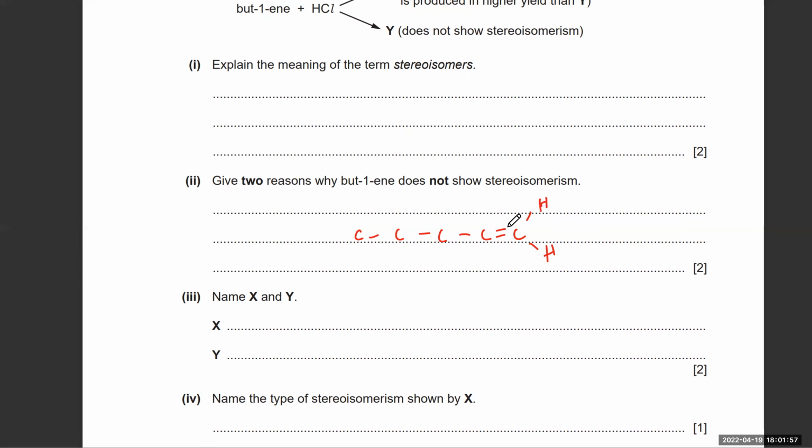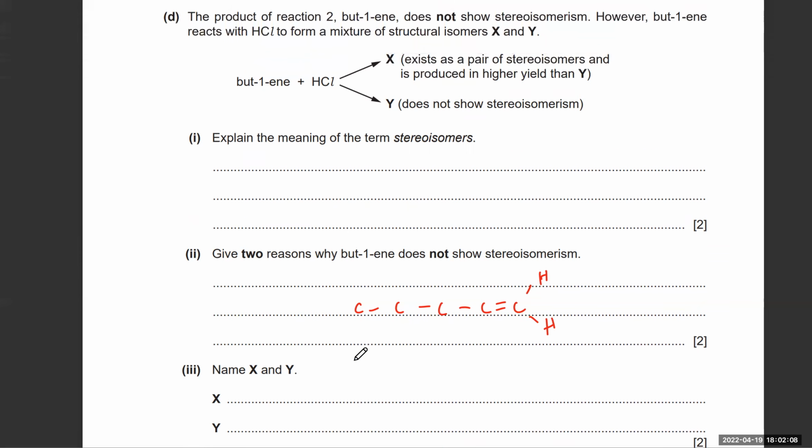Plus, the double bonded carbon atom is bonded to the same groups, so it won't show geometric isomers, cis-trans isomers, as well.